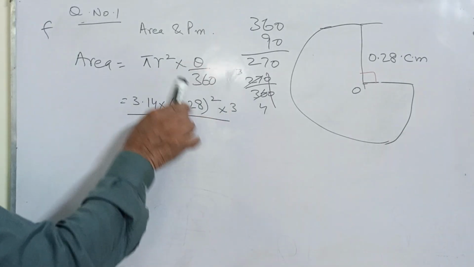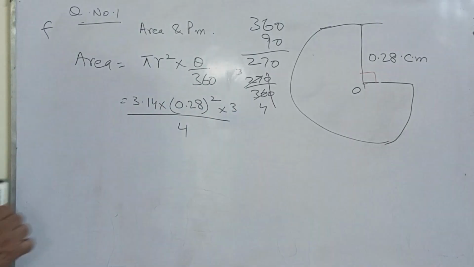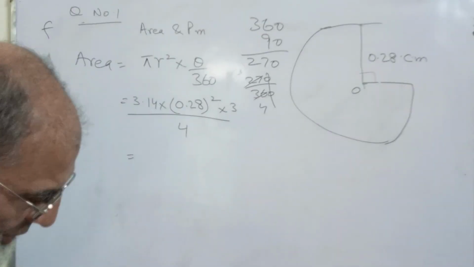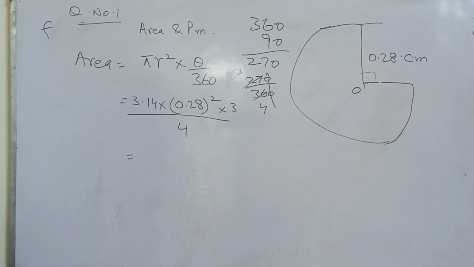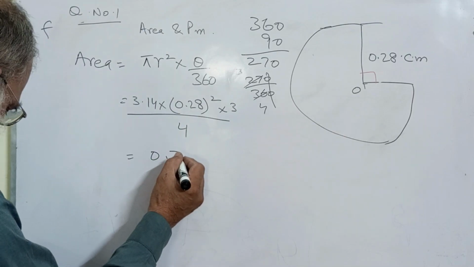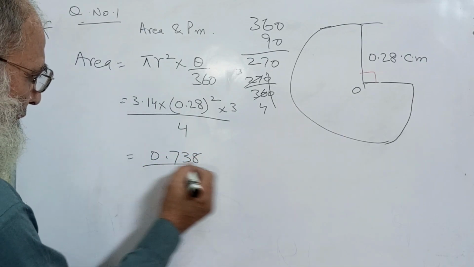Now this portion has been transformed into 3 by 4, so I have written it collectively. Starting from the radius first, scaling the radius 0.28, multiplied by 3.14, multiplied by 3, 0.738 divided by 4.